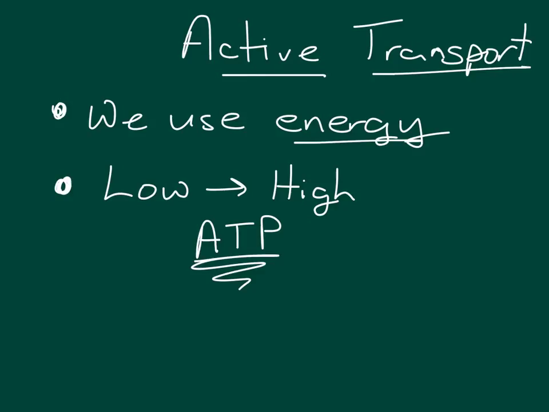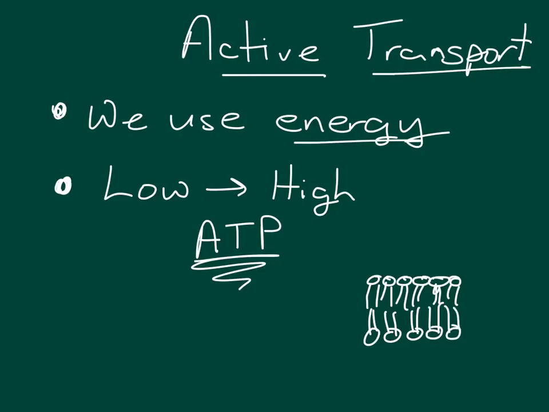ATP has to be used because that's the energy currency of the cell, and that's where you go from low to high. So anytime you have a membrane, and you have a substance that you need to go from low to high, for whatever reason you need it to go.